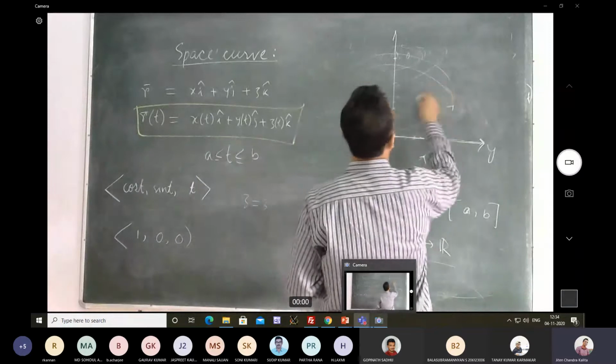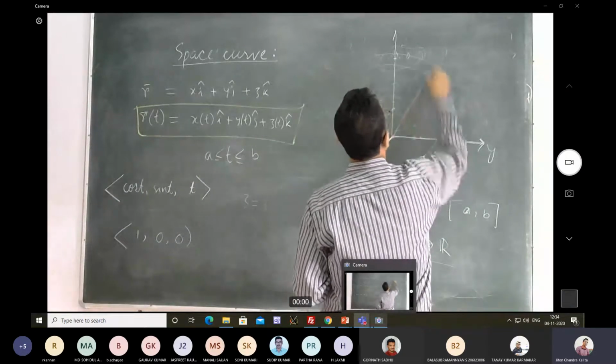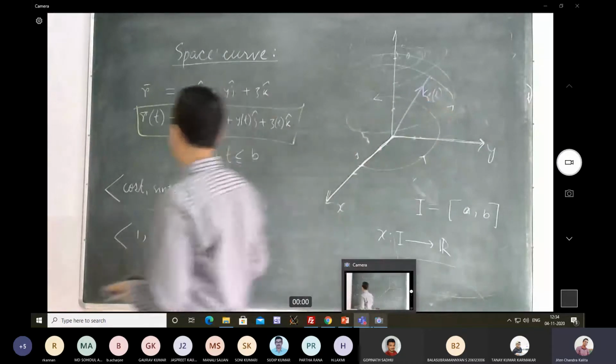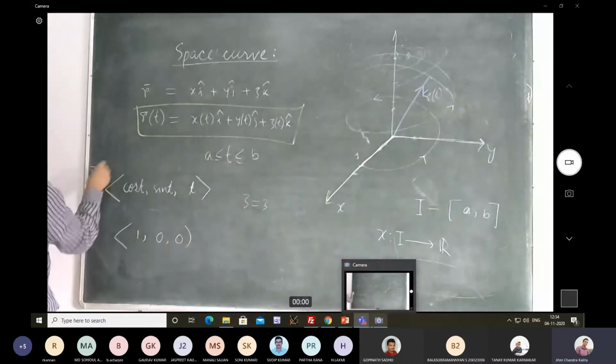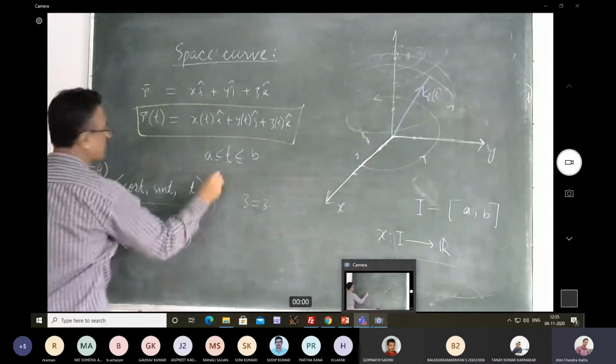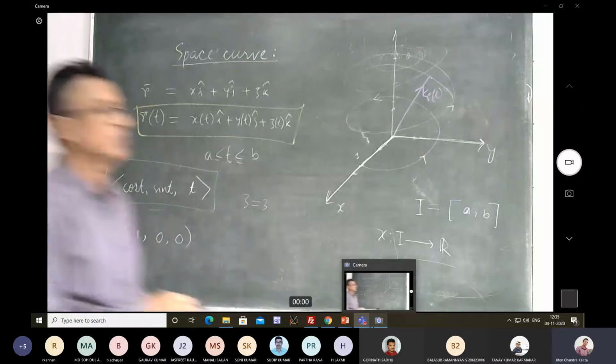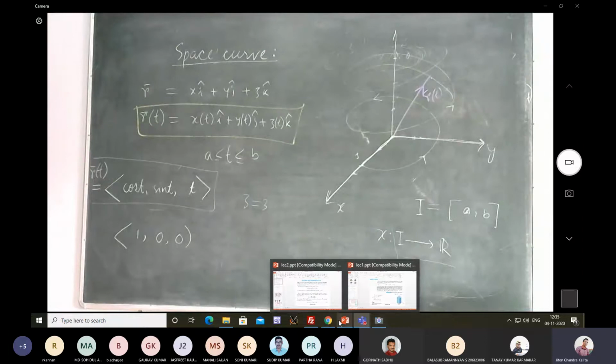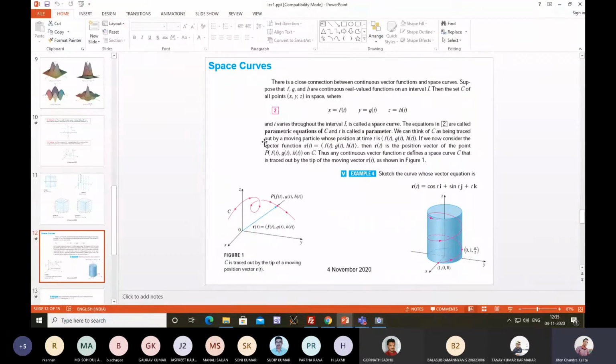Take any point here at time t and join it; this represents your vector r. So r(t) is this. This is the way I can define a curve in space.